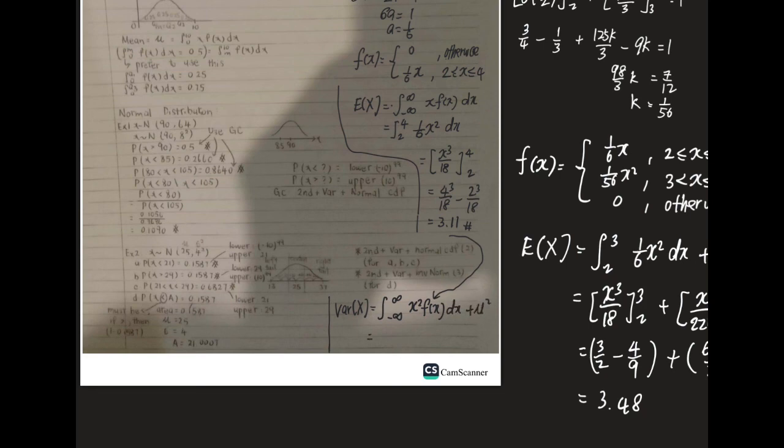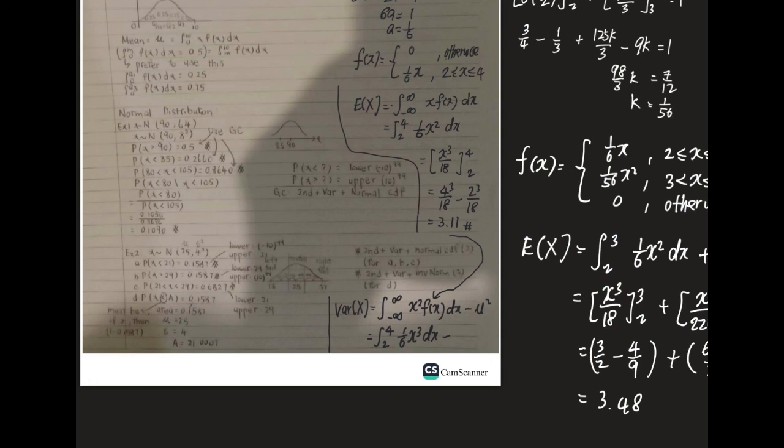Our interval is 2 to 4 and the function is 1 over 6x. So you integrate from 2 to 4, you take x squared multiplied with 1 over 6x, which is 1 over 6 x cubed dx, minus, not plus, that was wrong, minus the mean to the power 2.